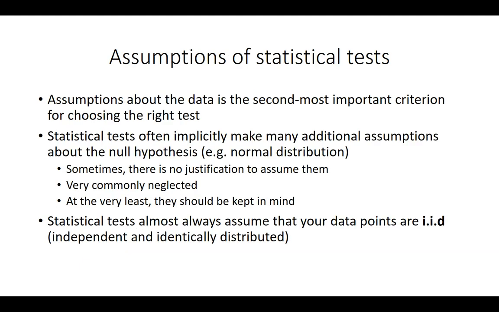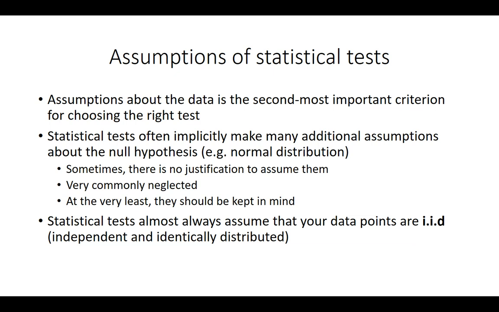OK. And then, like I said, I think maybe the second most important criterion for choosing the right test is the kind of assumptions that they make. And like I said, they make many implicit additional assumptions on top of all the explicit assumptions. For example, many tests will assume some kind of normal distribution, which is sometimes appropriate to assume. Sometimes it's less appropriate, and you need to keep this in mind.